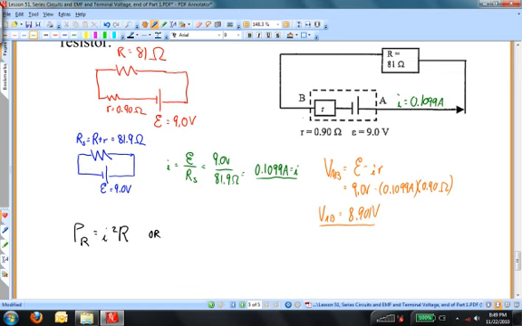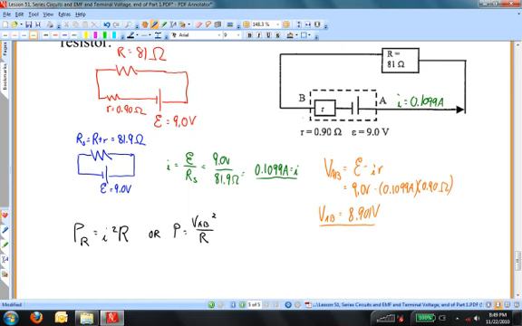Or another way you could do it is to say that the power is equal to V squared over R, where V is the VAB that the resistor actually sees. You could not say it's going to be E squared over R because, again, the external resistor doesn't see the full power of the EMF.